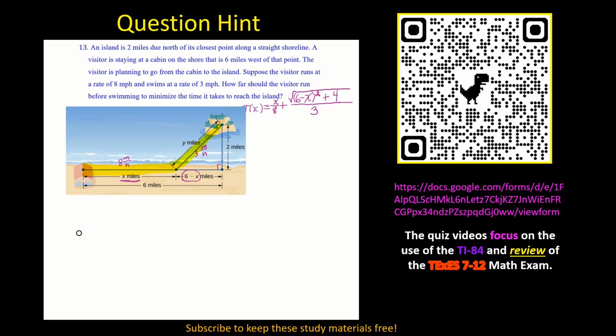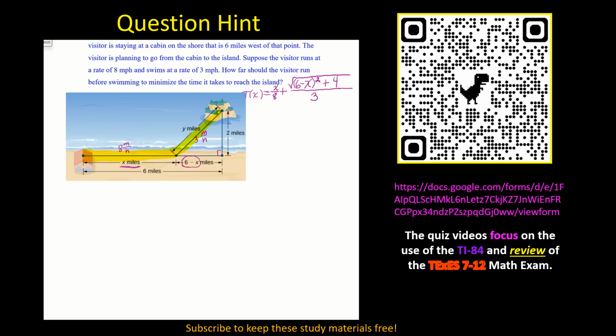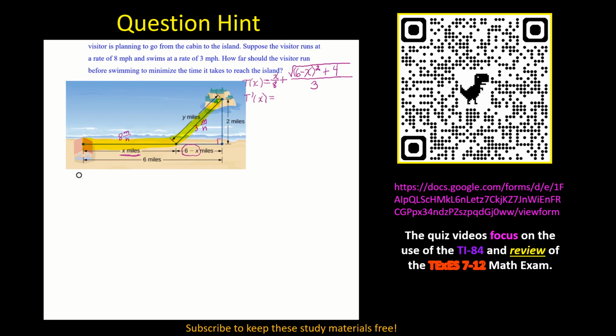And what are we going to do with that? We need to actually find the first derivative of this. So we know, term by term, the first term's derivative is 1 over 8.